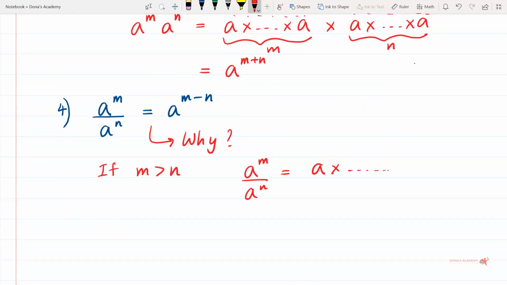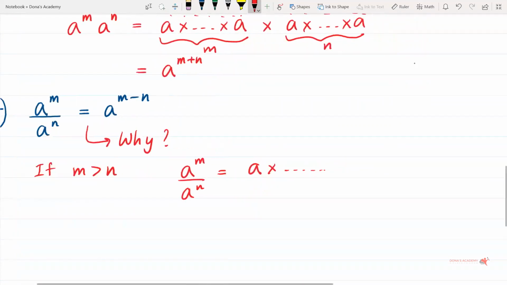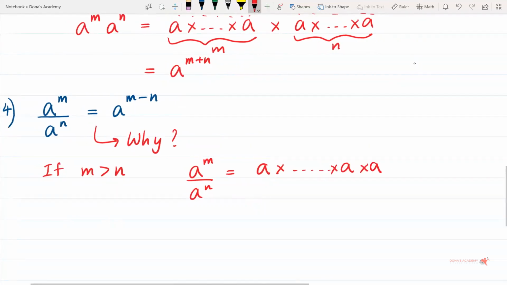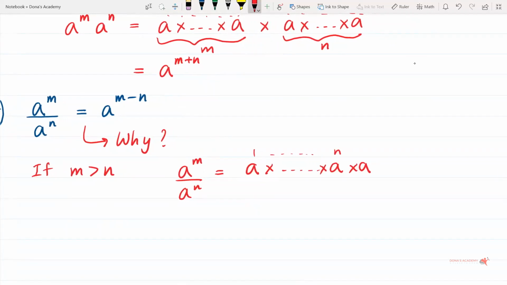However, since m is greater than n, if I start from 1, then I have the nth a, and then starting from the n plus 1th a, I have it up to m.